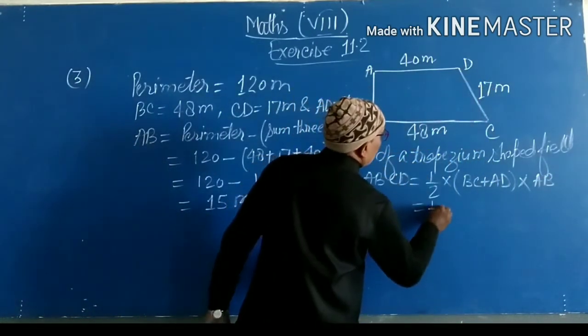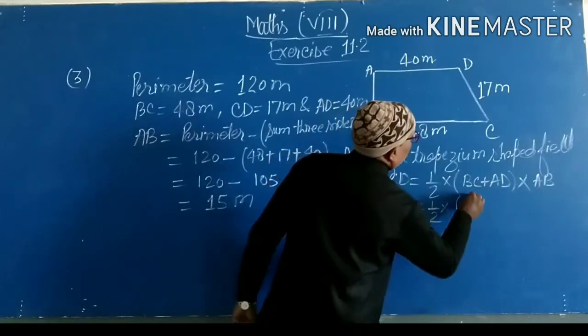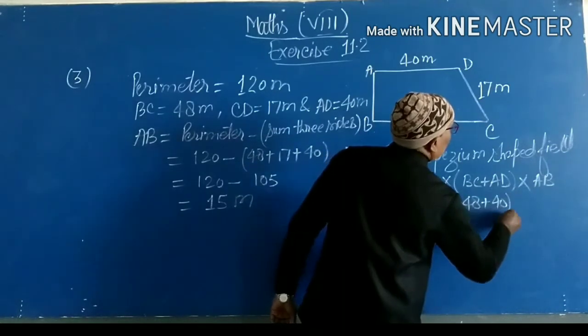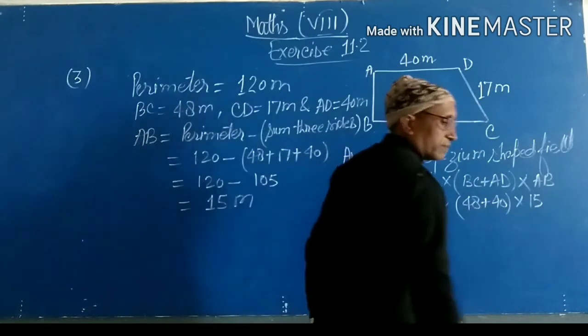You write down 1 upon 2 into BC 48 plus 40 into AB is 15.